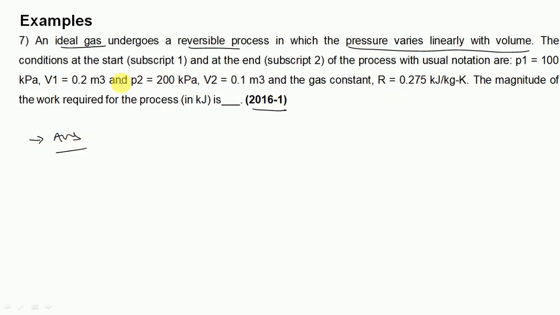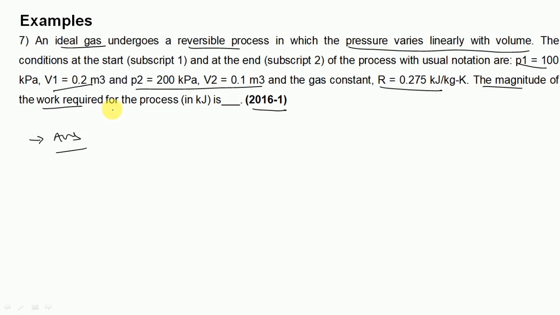P1 is given, V1 is given, P2 is given, V2 is given, and R is given. Here you need to find the value of work. All the data are given.